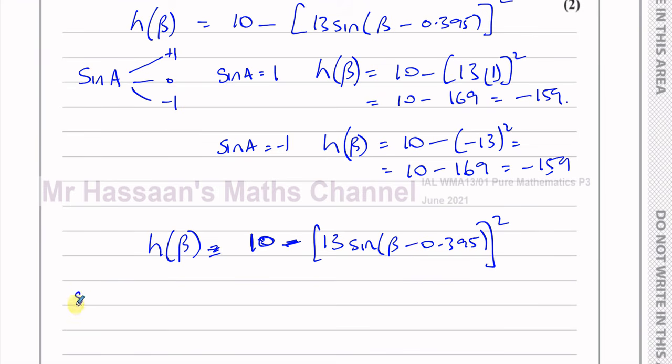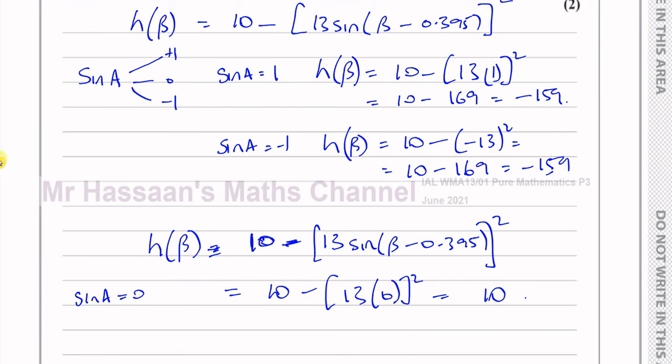Okay, so when the sine of the angle is equal to 0, we'll end up with 10 minus 13 times 0 squared, which is 10 minus 0, which is 10.